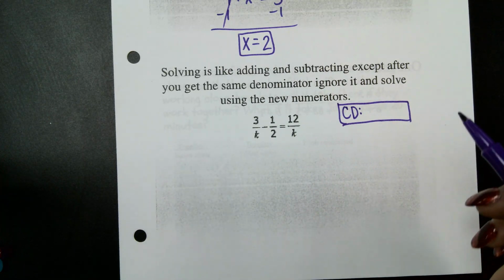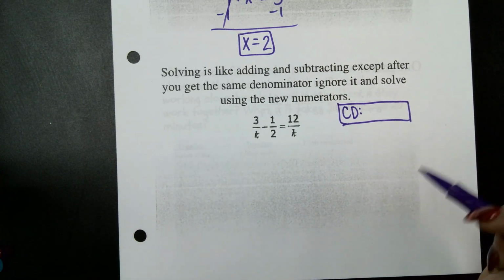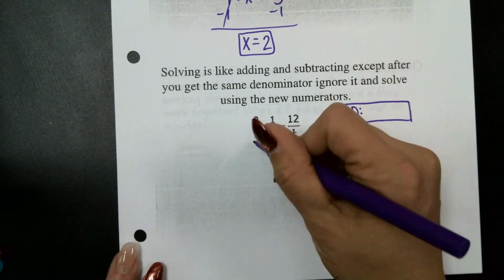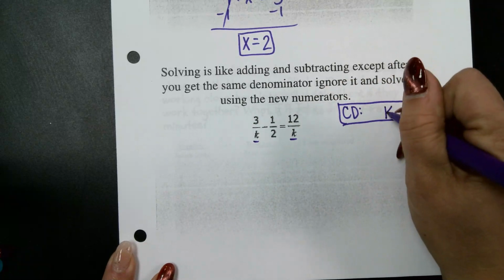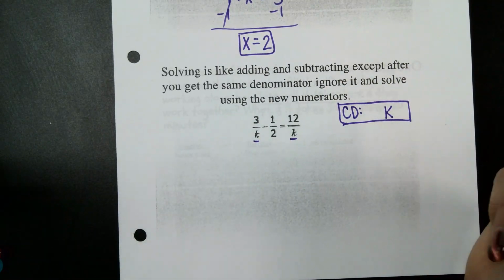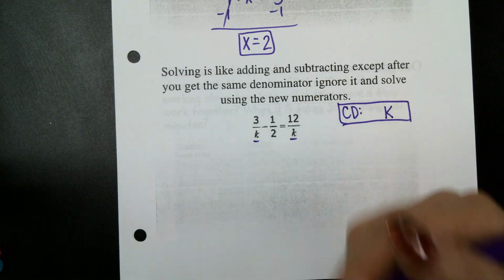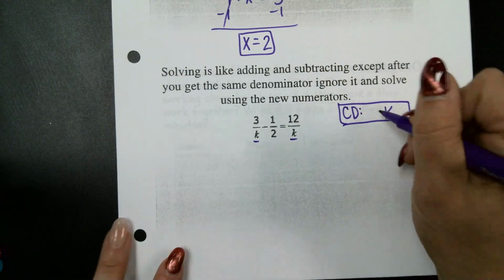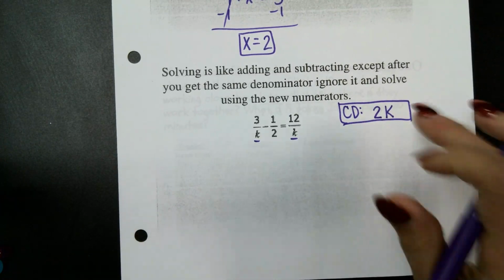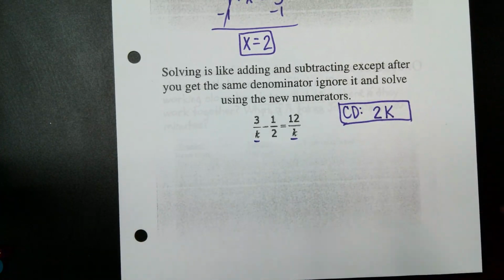So what's something all of your denominators have in common? The k. This has a k and this has a k. So we know for sure we're going to use k. And then anything that they don't have in common, we also have to use. So what else? The 2. And remember, we just multiply them together. Okay, so our common denominator would be a 2k.